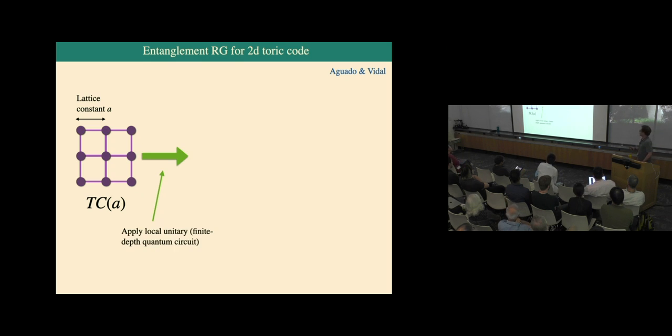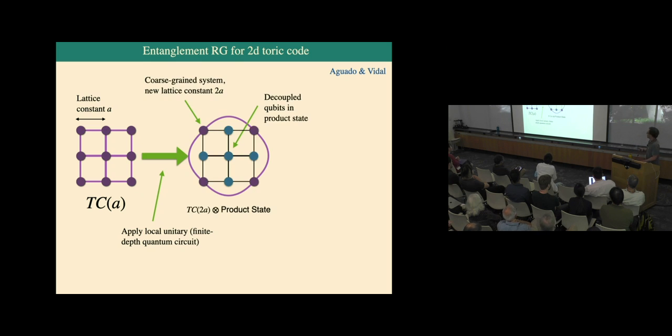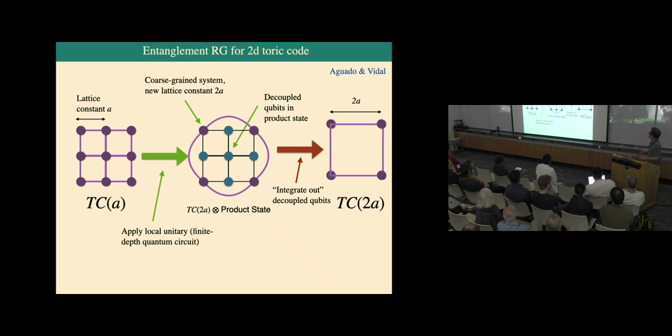The first thing we do is apply a local unitary, a finite depth quantum circuit, and we get a new system, which consists of two decoupled parts: a toric code with twice the lattice constant, these purple dots, and these blue dots, which are now qubits in a product state that have become decoupled from the rest of the system. The next step is that we just integrate out the decoupled qubits, and then we get the toric code at twice the lattice constant.